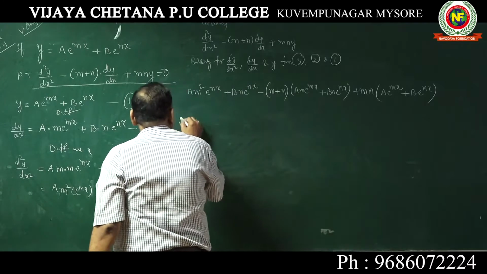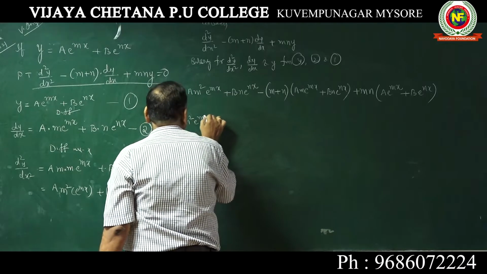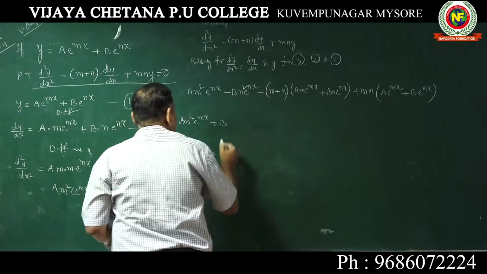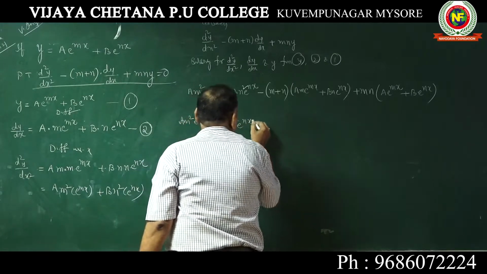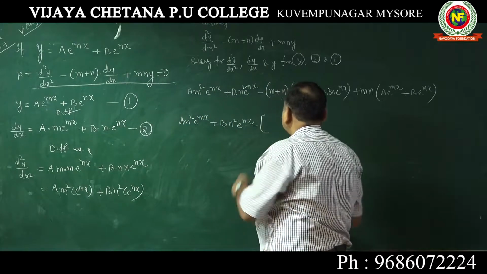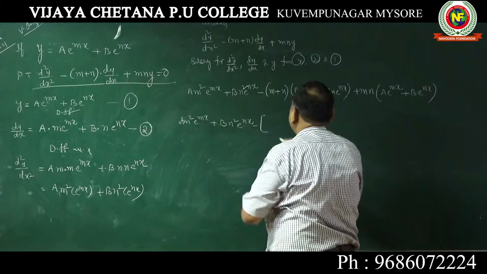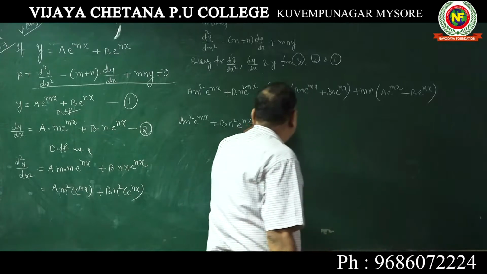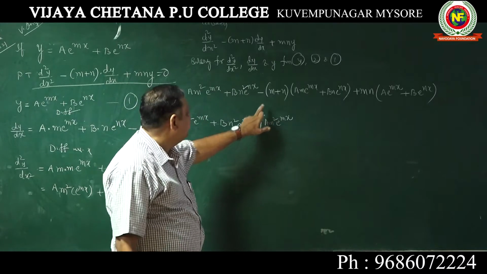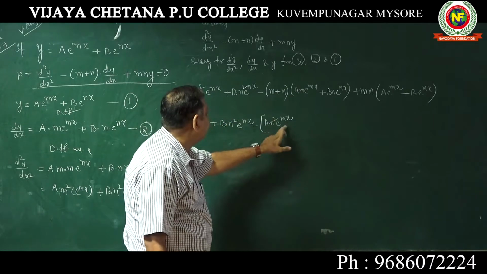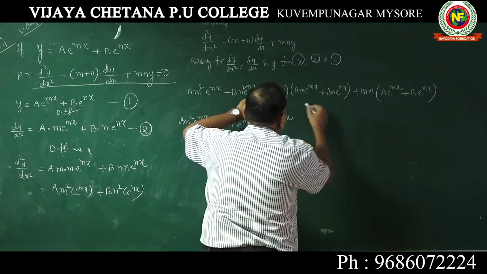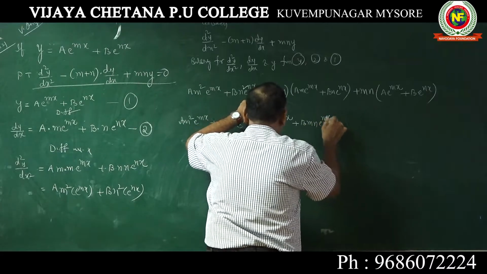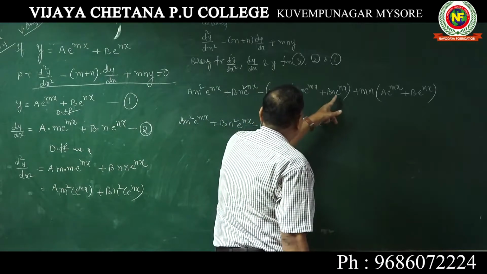Now simplify this. a m square e to the power of mx plus b n square e to the power of nx. Now multiply minus (m plus n) by the bracket. Multiply by m: minus a m square e to the power of mx, then m into this one, plus b mn e to the power of nx.